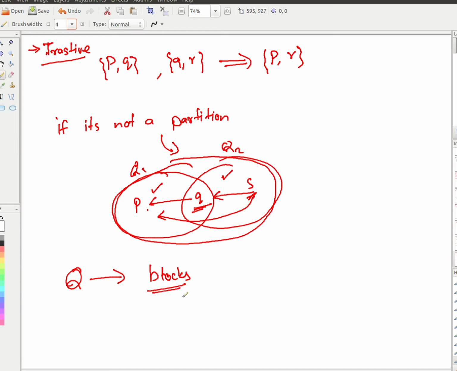You start picking from the first element Q1 and you take basically all the equivalent states of Q1, and you put them in a set, all equivalent, and because of transitivity you will get all. So all the states equivalent to Q1 you put in one block, then for the second state you find the same thing, and likewise for every element.